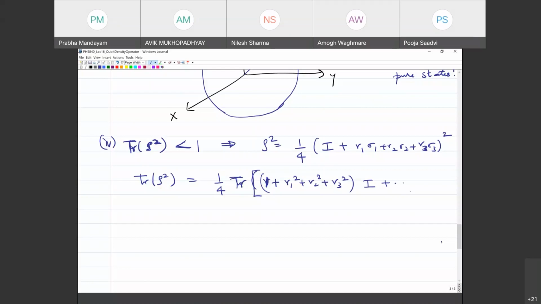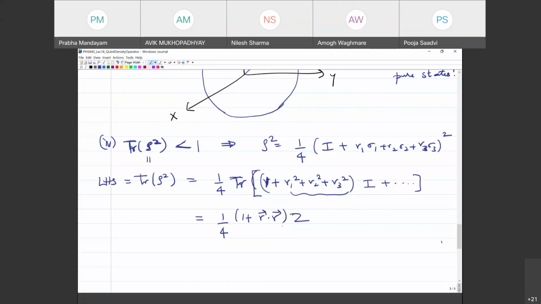So I basically have a whole bunch of terms, but the point is all of them have single Pauli matrices. So all of them have trace 0. Now, this is the left hand side of the inequality that I'm evaluating. This is simply going to become 1 by 4, 1 plus, I'm going to write this as R dot R. This part is simply the real 3D vector space, just the dot product of the two vectors, times trace of identity, but trace of identity is 2.